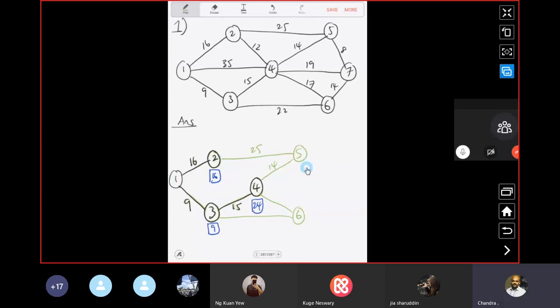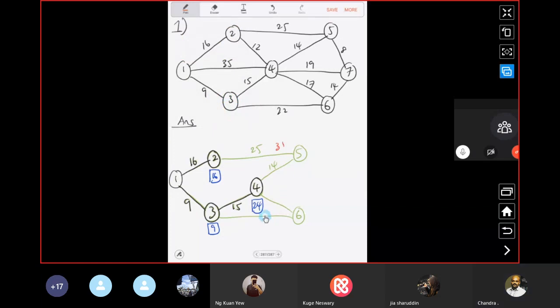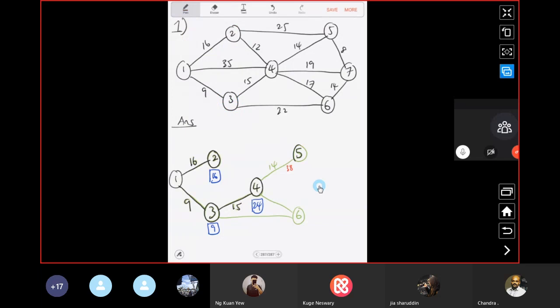I'm getting 41. Now if I use this route, 1, 3, 4, 5, so 24 plus 14, I'm getting 38. 41, 38, which one is shortest? 38, isn't it? So I'm erasing this one. Right here 38.